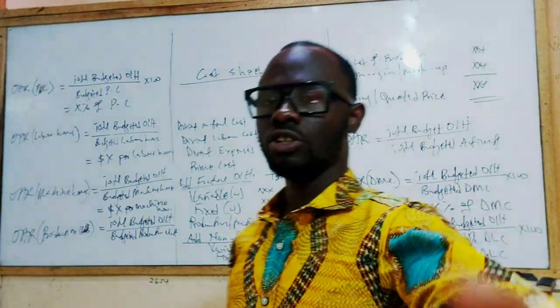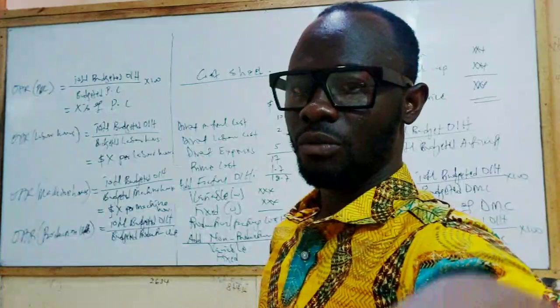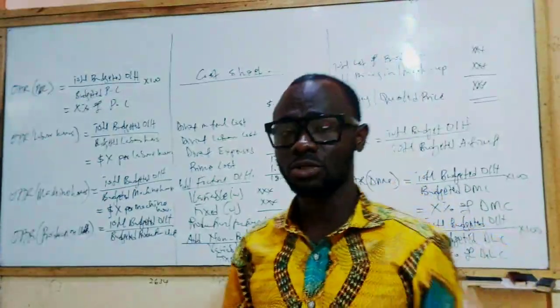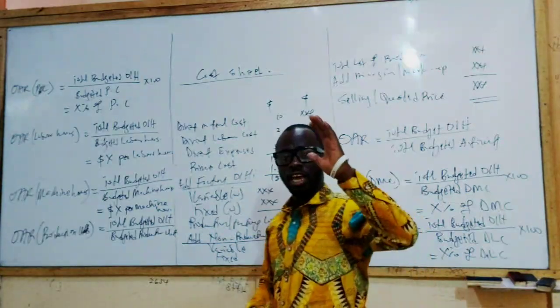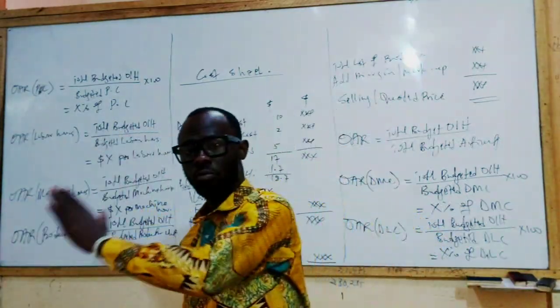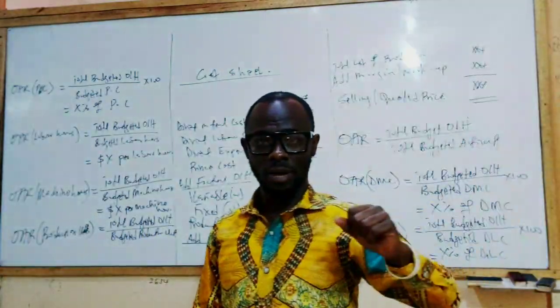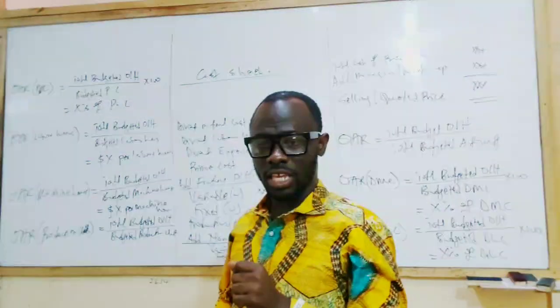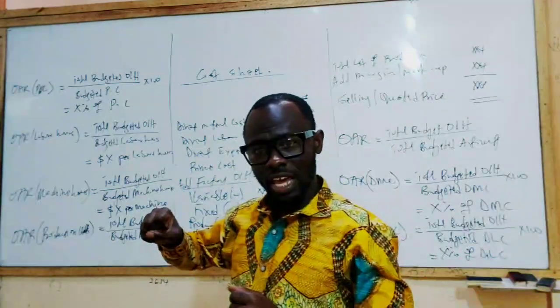Now, note also that in this case, when we are dealing with production units, if it is two or more products, then you add all the budgeted units. So maybe product 1 is 50, product 2 is 30, product 3 is 20.